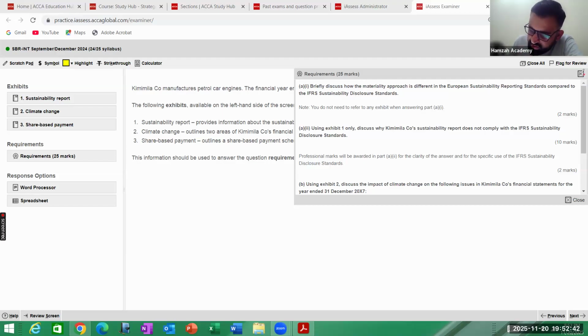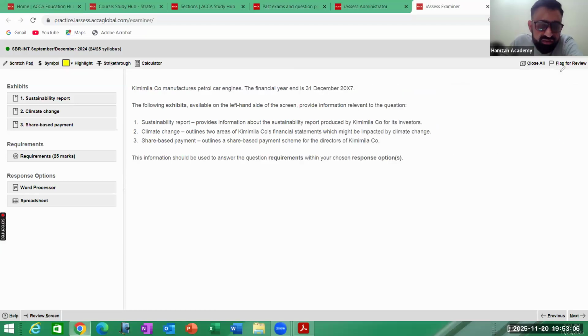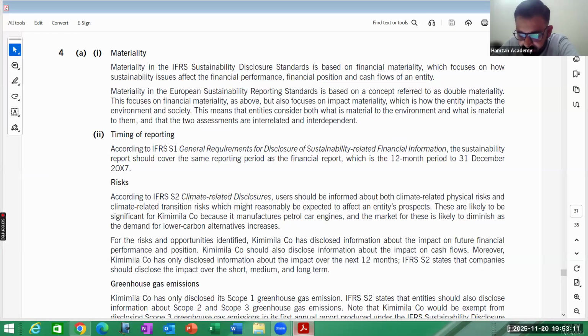Dear student, the IFRS standard on sustainability reporting focuses on materiality only in terms of financial values. For example, how the change in the environment and climate is affecting our profit and loss account, how that is affecting our cash flow statement, and how it is affecting our financial position.